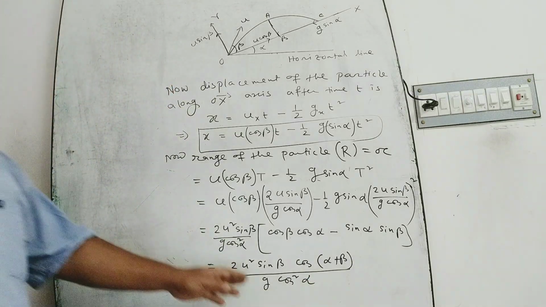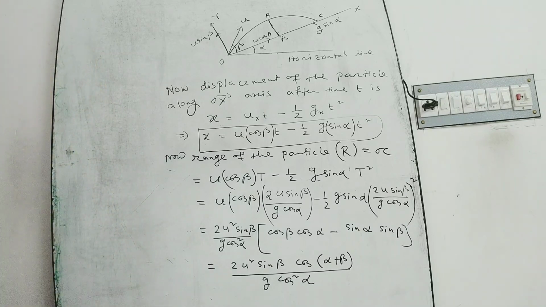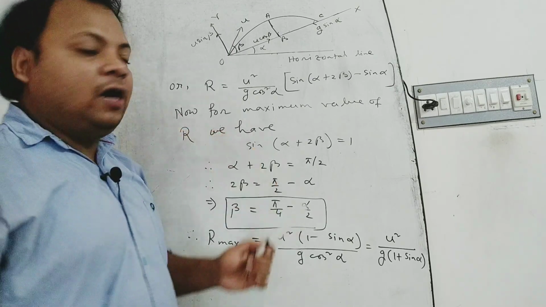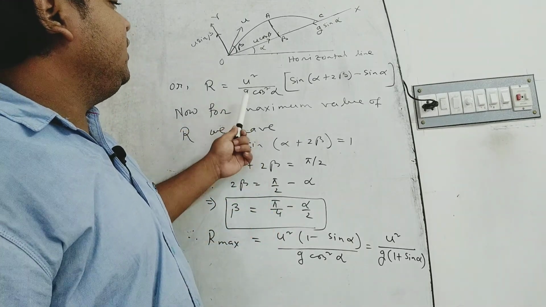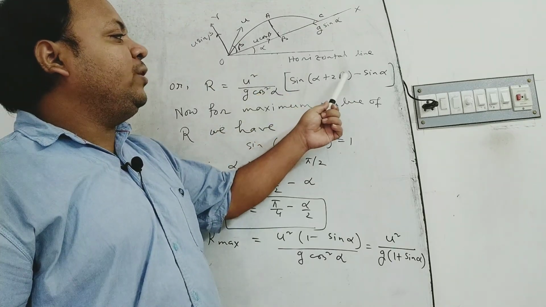This is the range of the particle along the inclined plane. Or capital R is equal to u square by g cos square alpha, whole into sin alpha plus 2 beta minus sin alpha.